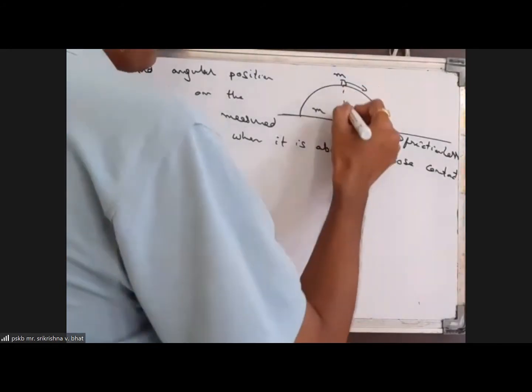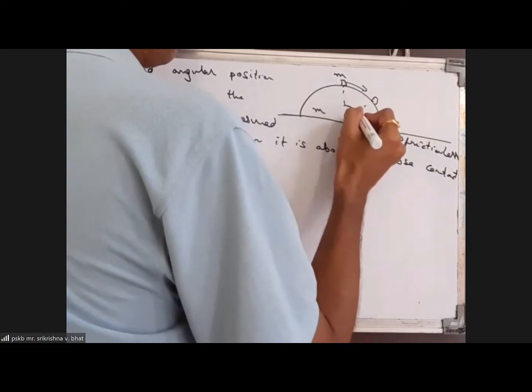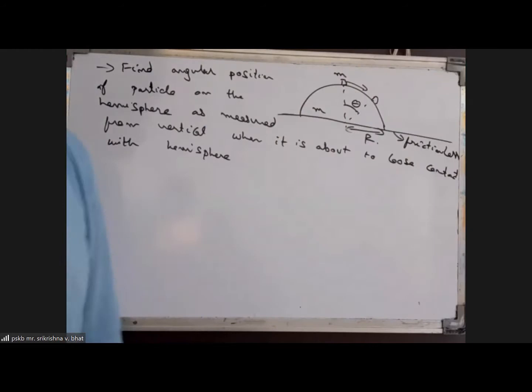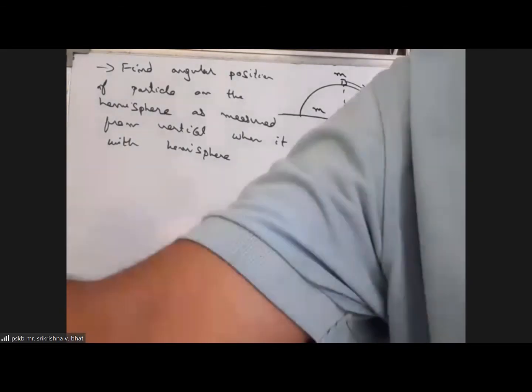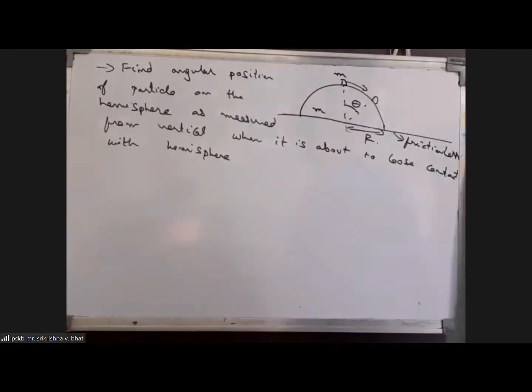That is, we have to find this angular position with the vertical that the particle will have when it is about to lose contact with the hemisphere. Both hemisphere and the small particle have equal masses.